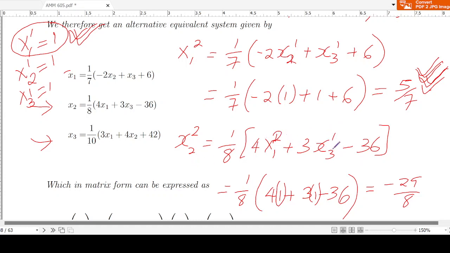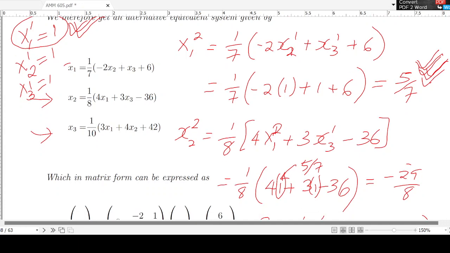Now x3, we have not computed any other x3, so we only have the old value, so we're still going to use it. Once we have computed that, the value of x2 will change, because now here we shall use 5 over 7, not 1. Everything else will remain the same.